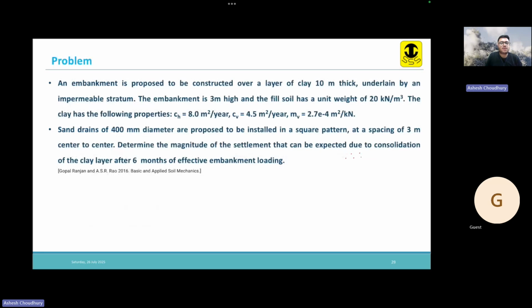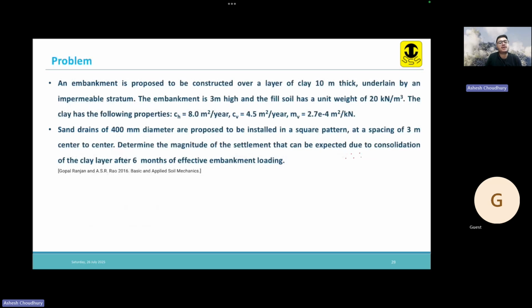An embankment is proposed to be constructed over a layer of clay 10-meter thick underlain by an impermeable stratum. The embankment is 3-meter high and the fill soil has a unit weight of 20 kilonewton per meter cube. The clay has the following properties. CH is equal to 8 meter square per year, CV is 4.5 meter square per year, MV is 2.7 into 10 to the power minus 4 meter square per kilonewton.